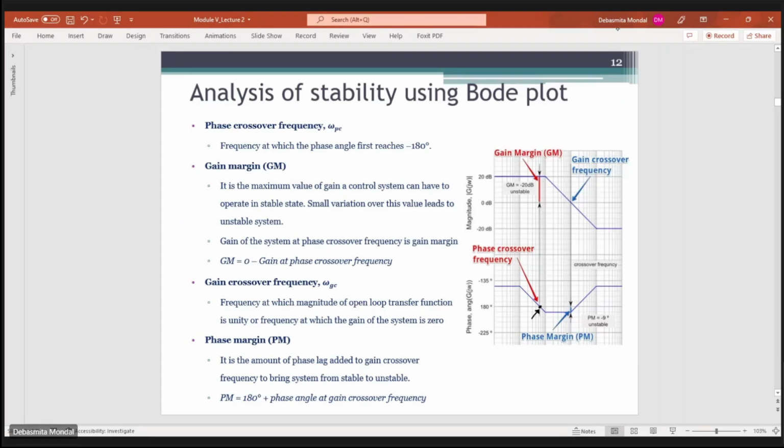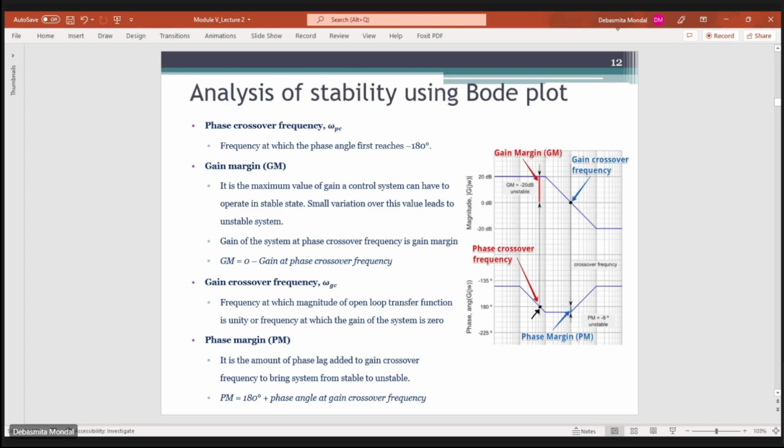Okay, and for calculation of the phase margin, this is the gain crossover frequency. The gain crossover frequency is the frequency at which the magnitude plot crosses the 0 dB line. Corresponding to this gain crossover frequency, we will see what the phase angle is at that frequency.